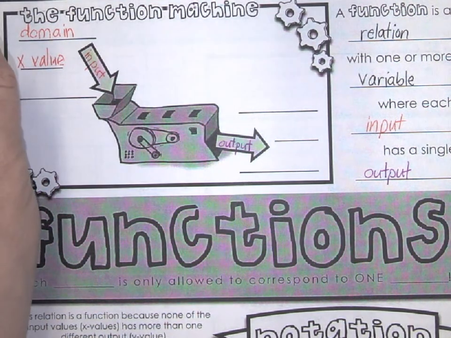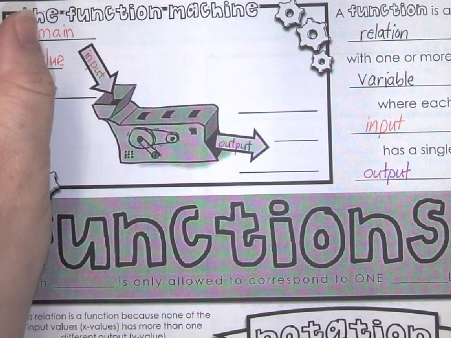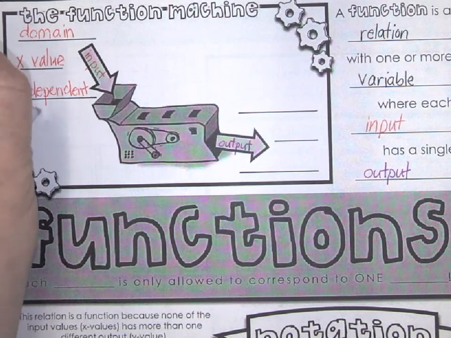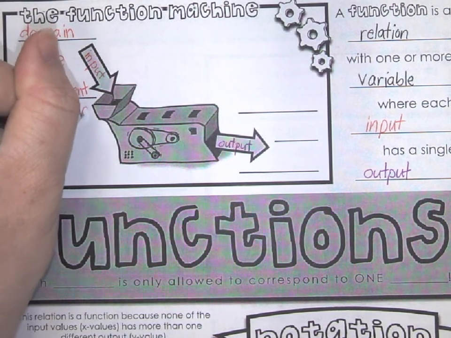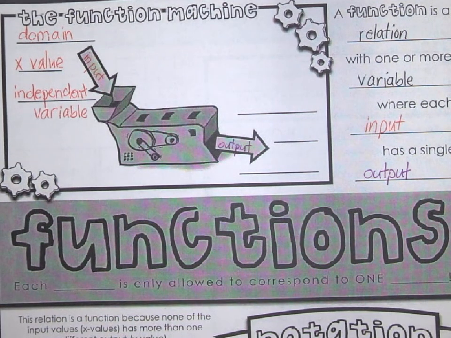And it is also the independent variable. Okay, the independent variable. And I remember that because input and independent variable both start with IN. So these are all different terms that you'll see for the input.